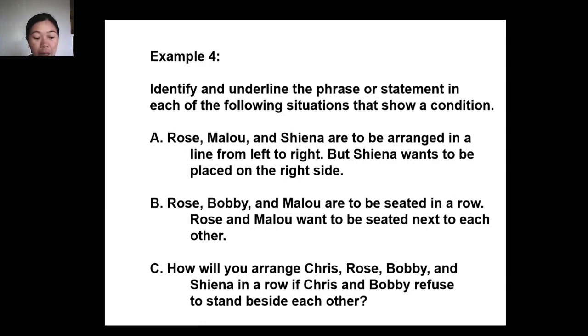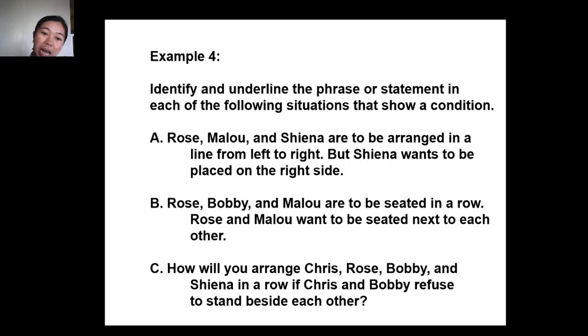So, sabi dyan, problems in permutations involve conditions. So, yung letter A, the statement, Sheena wants to be placed on the right side, shows a condition. Kasi may request si Sheena.